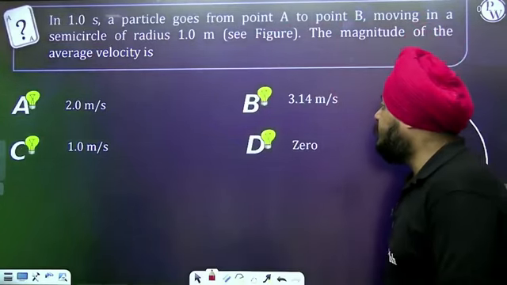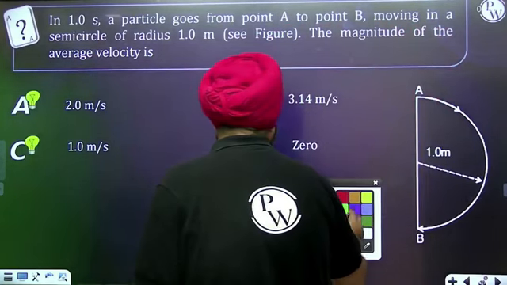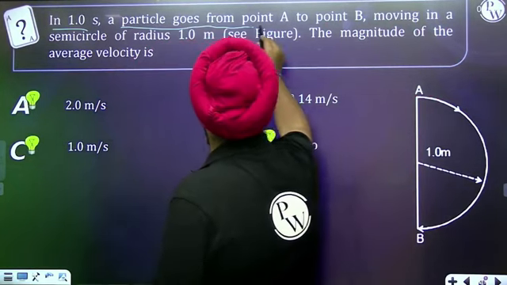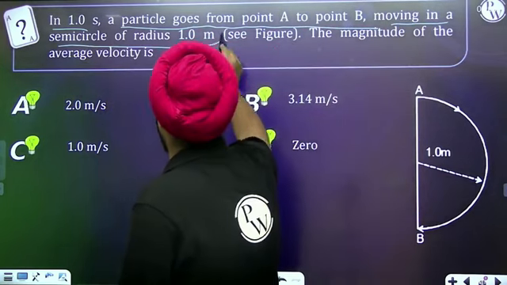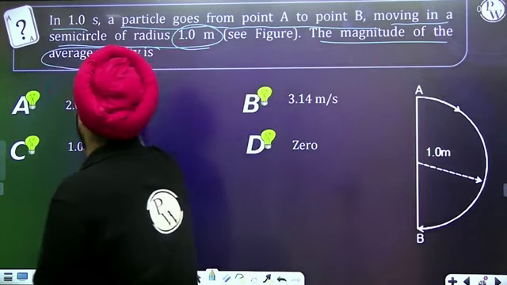Now let's move on to the sums based on it. In 1 second, a particle goes from point A to point B, moving on a semicircle of radius 1 meter. The magnitude of the average velocity will be what?